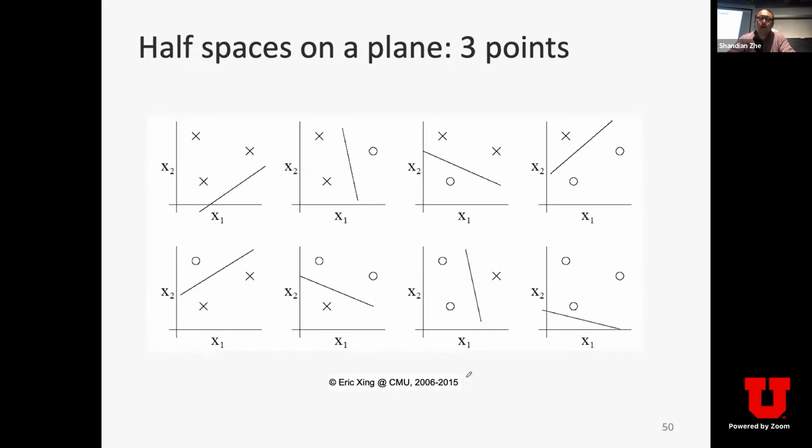For every possible labeling scheme, I can find a corresponding linear classifier which perfectly separates positive and negative examples. Then we can conclude half spaces can shatter 3 points.